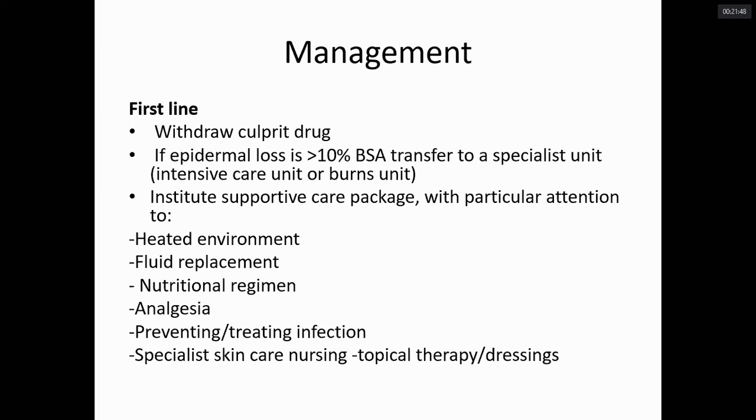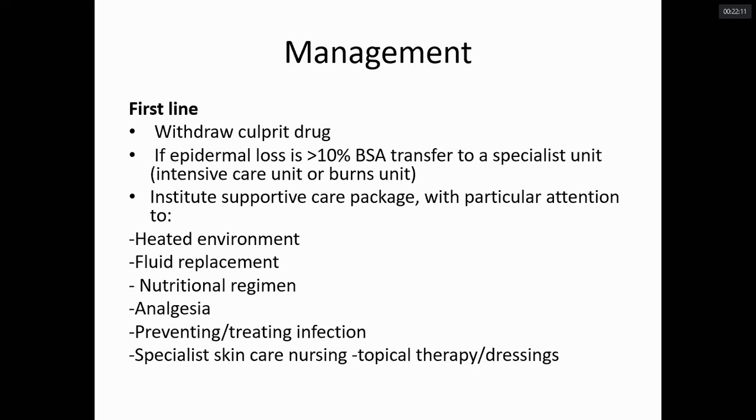We have to give nutritional support also, as there are chances of loss of various nutrients like iron, hemoglobin, protein from the skin. We have to do nutritional replacement also. Most important is protein replacement. We have to give a high protein diet to the patient. Analgesia is also very important because the lesions are painful.